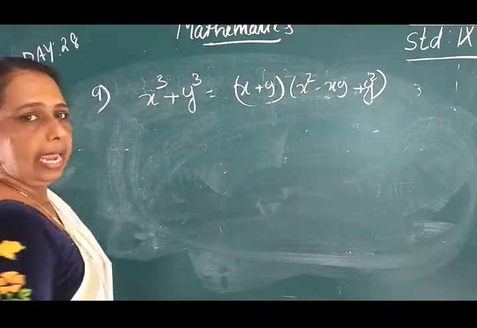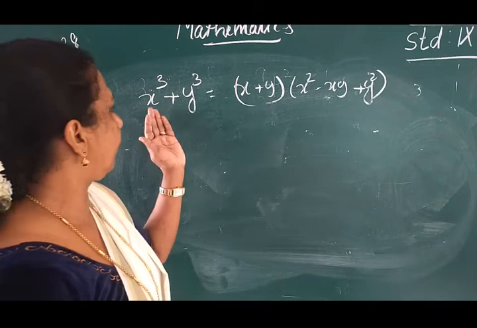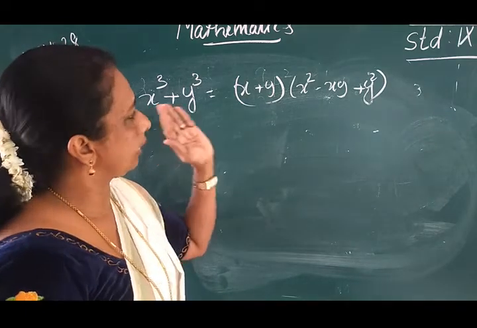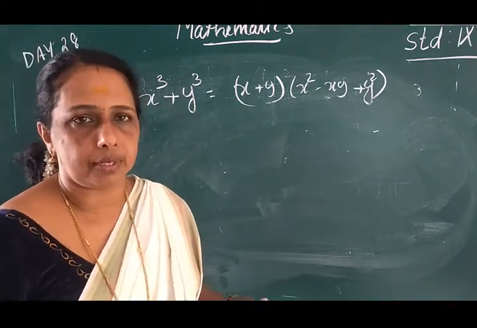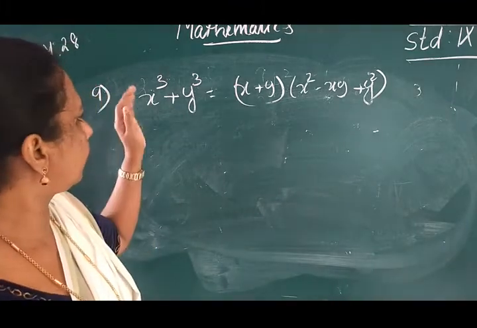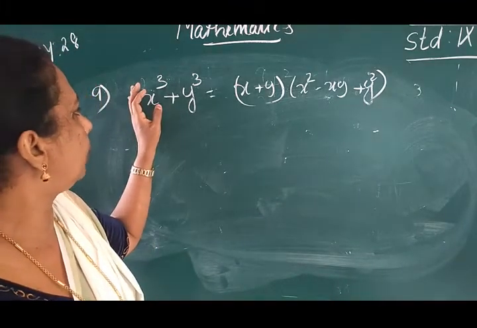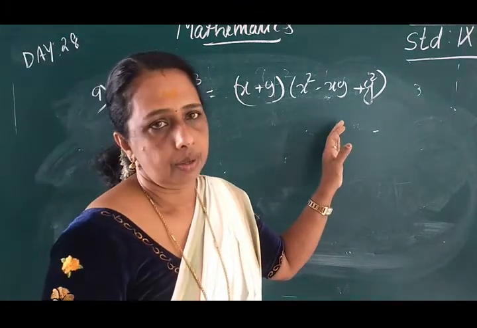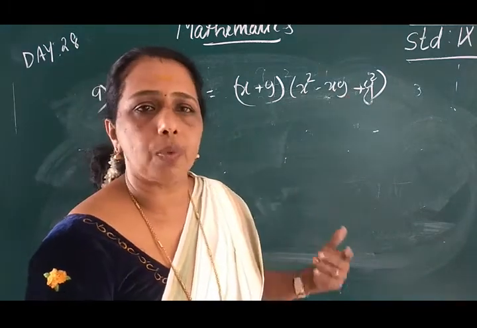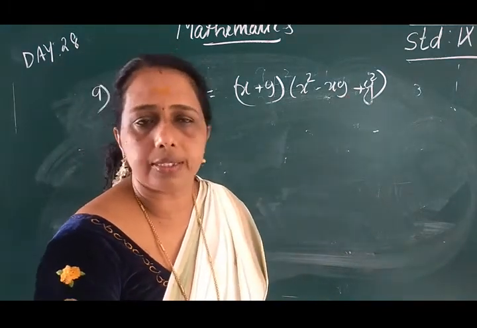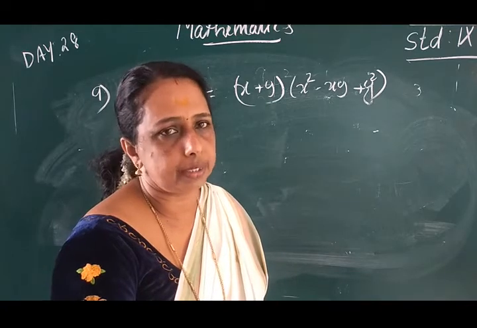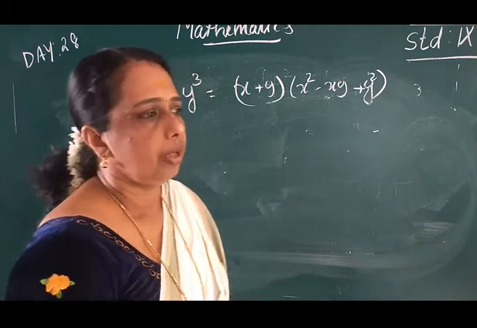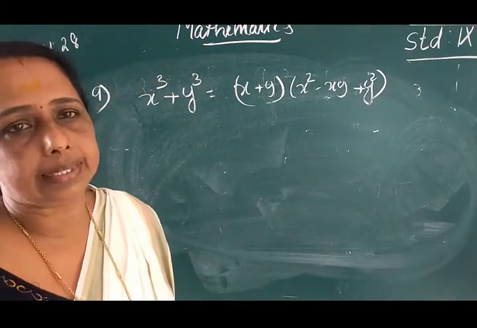Verify means either you take the left hand side and prove it equals the right hand side, or take the right hand side and prove it equals the left hand side. Hence it is verified. That is verification. So here I am taking the right hand side of the equation.